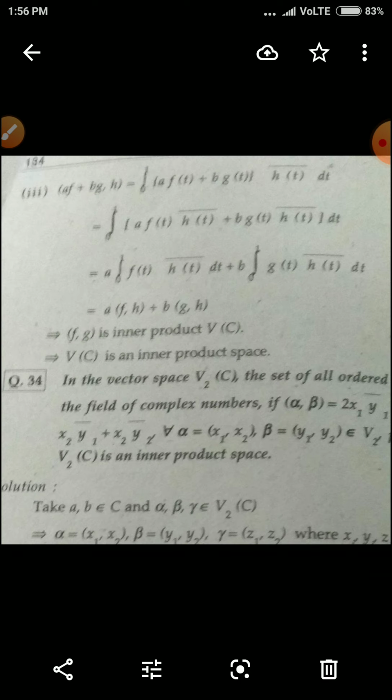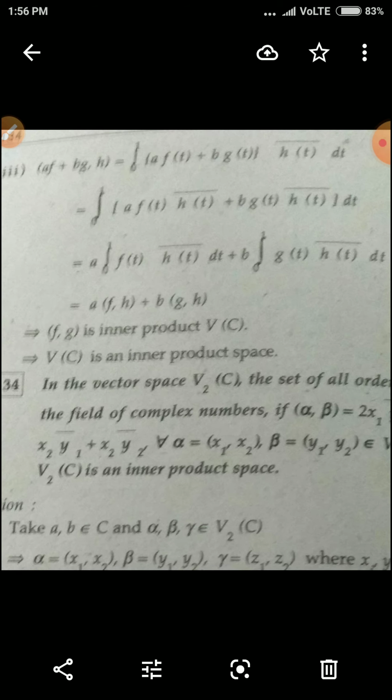That is nothing but a times integral 0 to 1 f of t into h of t conjugate dt plus b times integral 0 to 1 g of t into h of t conjugate dt. That is nothing but a times inner product f comma h plus b times inner product g comma h. Therefore, inner product f comma g, which is defined as above, is an inner product on V of C. Therefore, V of C is an inner product vector space.